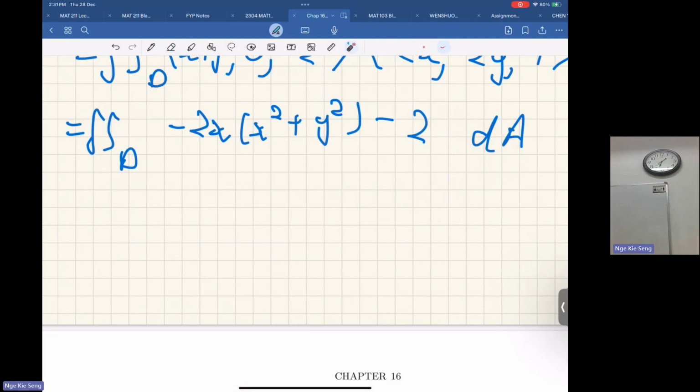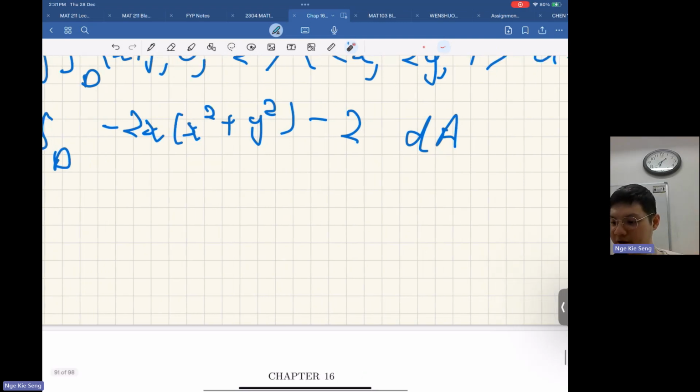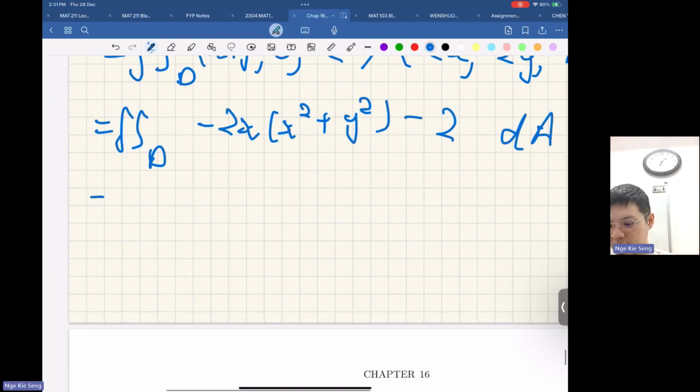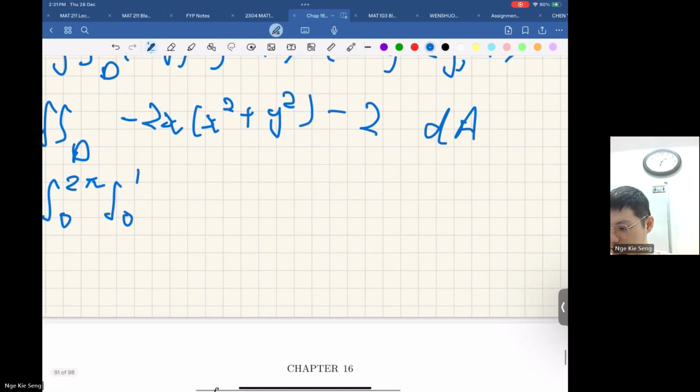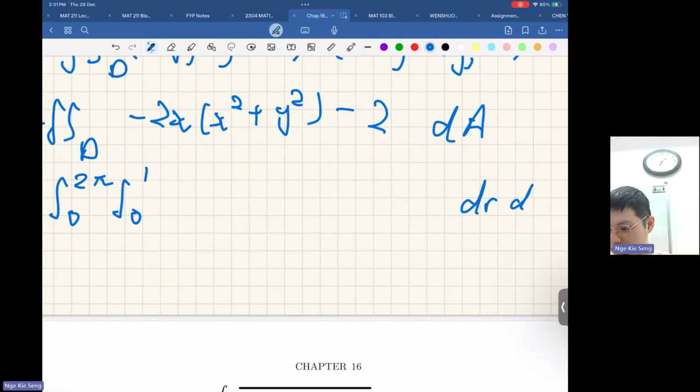You want to integrate with dx dy, but I change variable to polar, dr d theta. So I need to introduce a Jacobian. So this will become the integral from 0 to 2 pi, 0 to 1 of the integrand dr d theta.